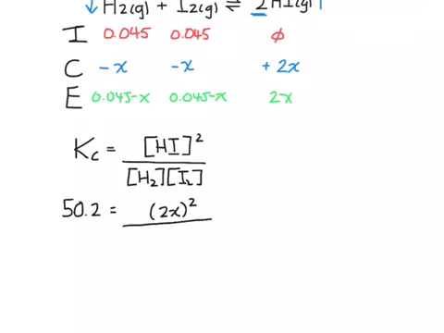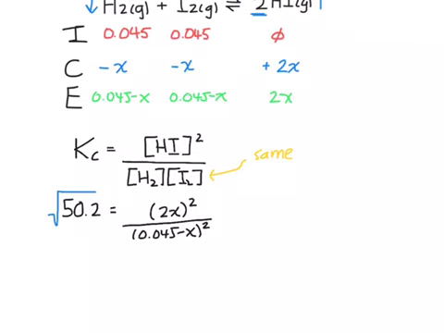And then because hydrogen and iodine are the same at equilibrium, we can simplify our denominator here. So instead of writing the same expression twice, I'm going to write 0.045 minus x squared. And that's going to allow me to simplify this without using a quadratic formula.